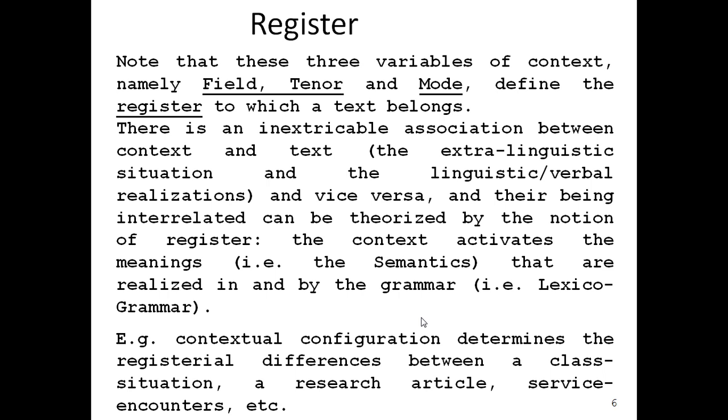And in order to make sense of these contexts, we need the register. And register is instantiated in field, tenor, and mode. So the ideational metafunction for field, the interpersonal metafunction for tenor, and the textual metafunction for mode.